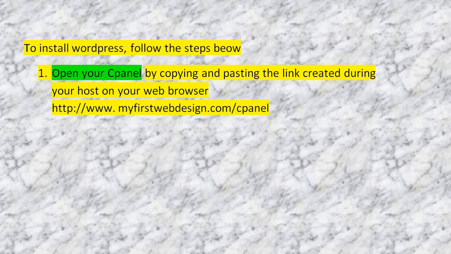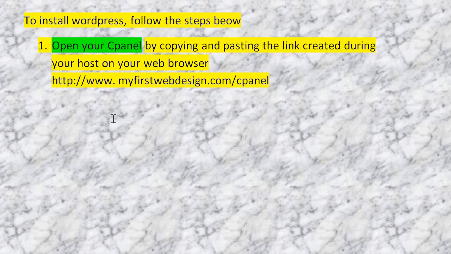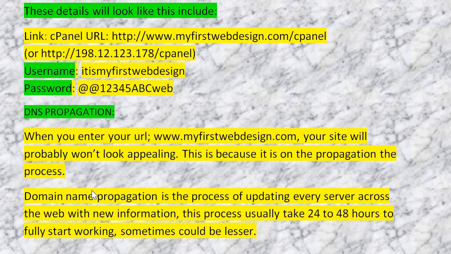All right, let's move straight on to how to install WordPress on our cPanel, which is what we are doing today. The first thing you're going to do: remember that you are given a URL, a link, when you registered your domain. After your domain registration and hosting, you are given a link.